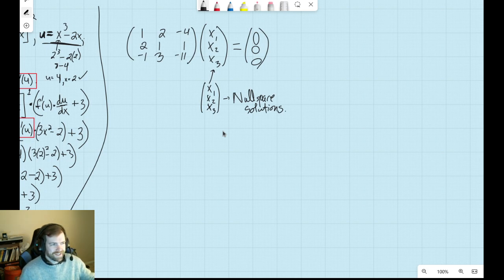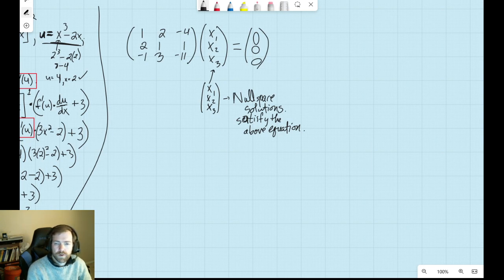Mostly integration, if I'm honest. Alright, so all of our null space solutions will satisfy the above equation. Well, not really. Differential equations are equations which have differentials in them.